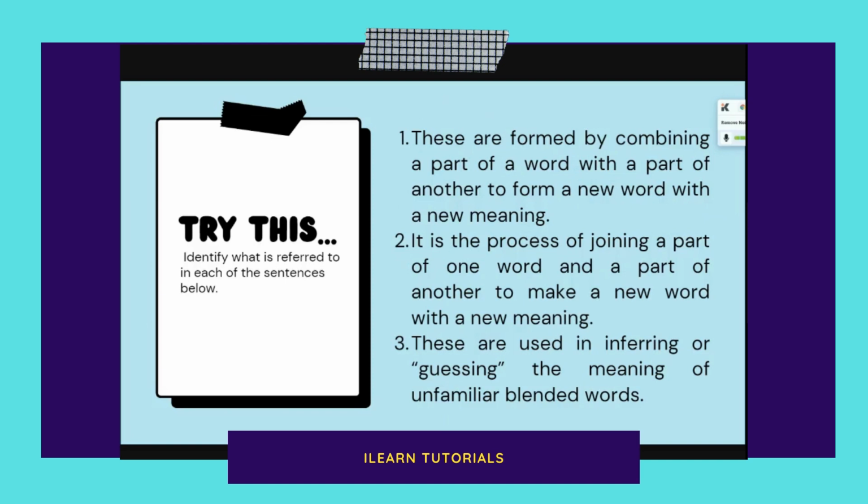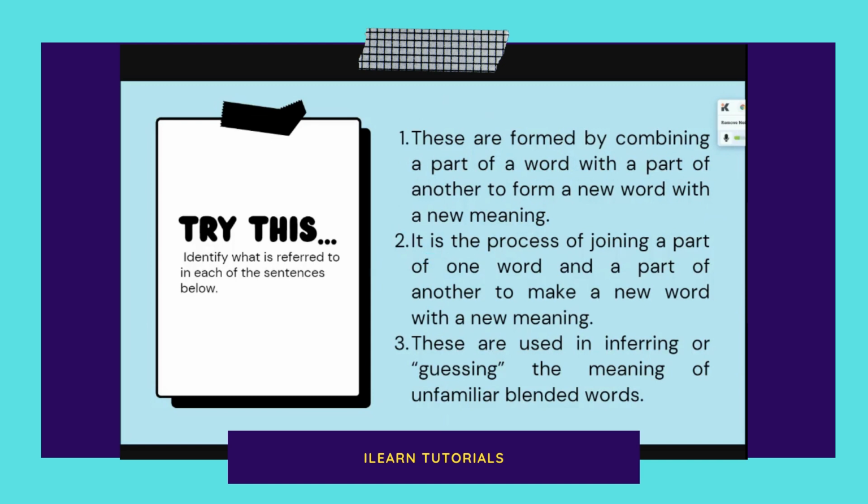Right, time's up. If your answer in the first statement is blended words, you're correct. Very good. Blended words are formed by combining a part of a word with a part of another to form a new word with a new meaning. If your answer in statement 2 is blending, you got that right.